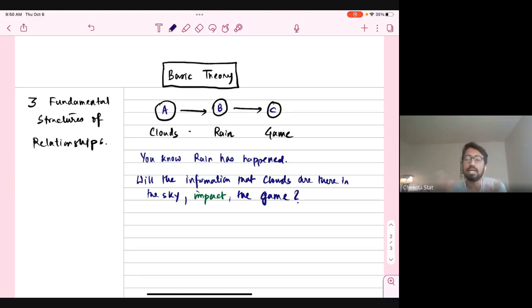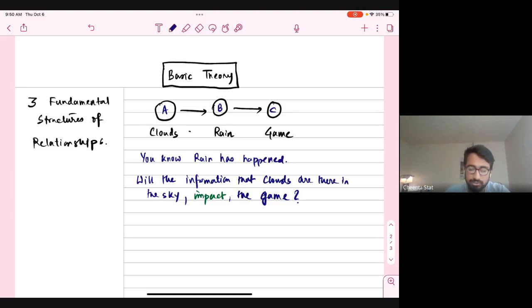See, if you know the rain has happened or rain is highly probable, the existence of clouds does not really matter, right? Because if rain has already happened, it does not add any extra information. This is the idea.